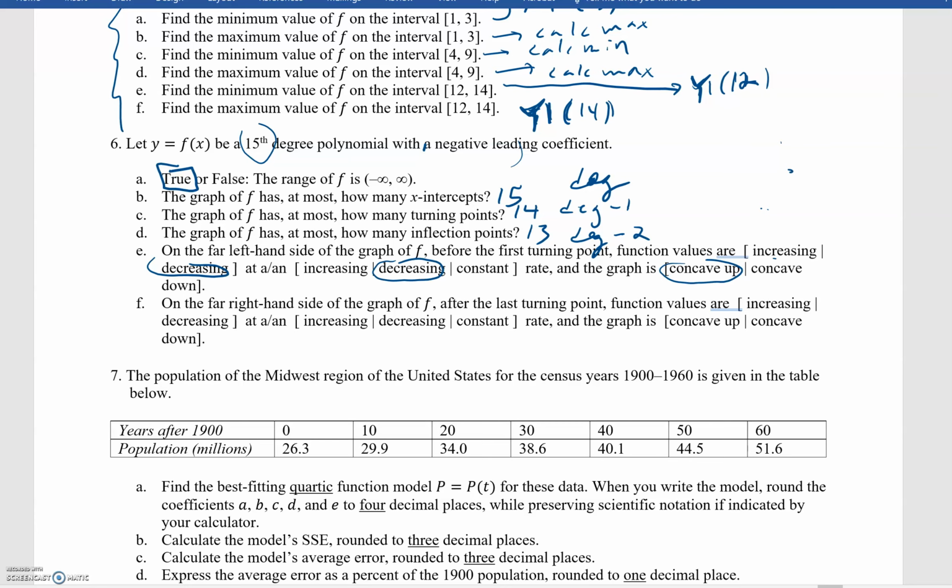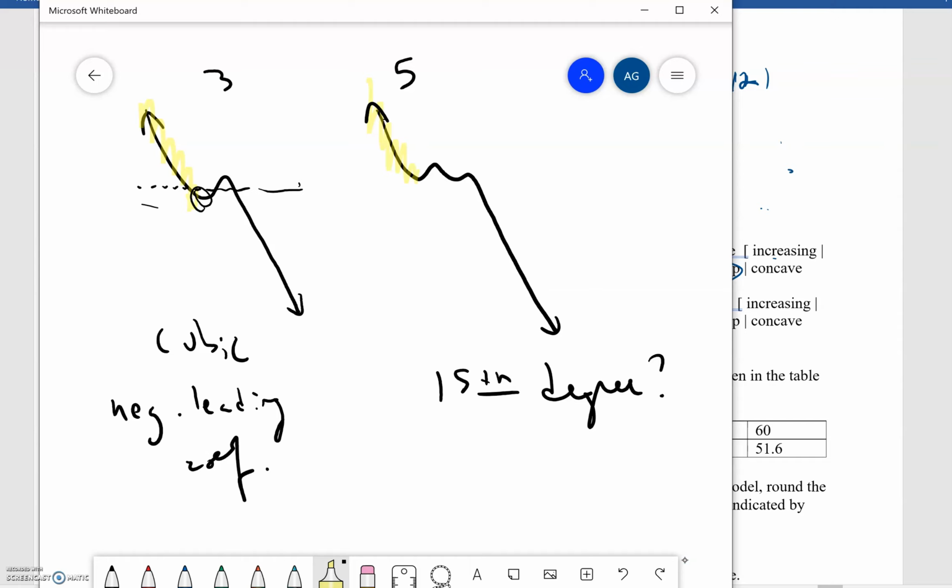On the far right-hand side, what are we going to do? Well, again, in the picture, we just need to look at this region or this region, in which case we are again decreasing. And my picture is not the greatest, actually. Let me draw another one.